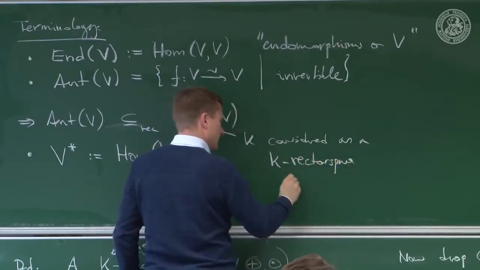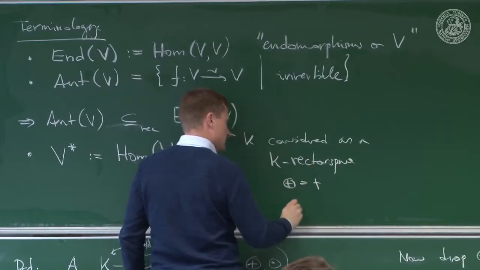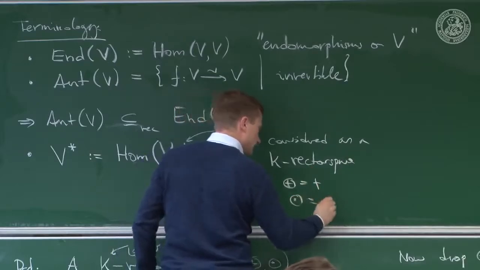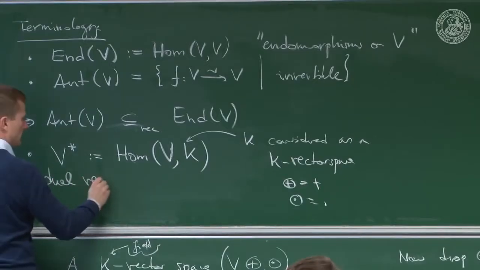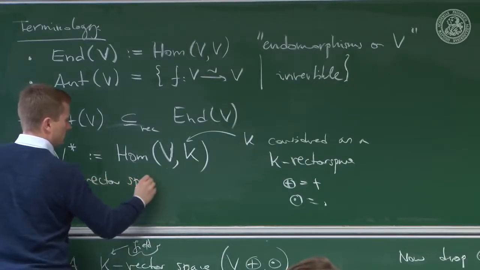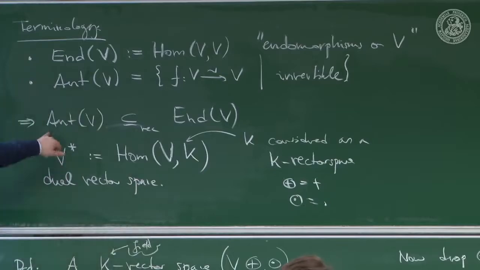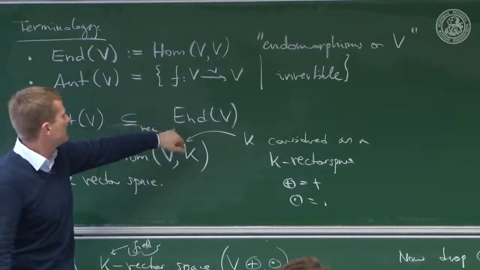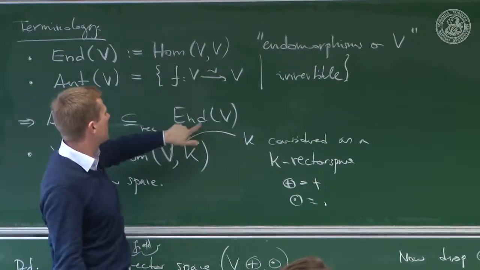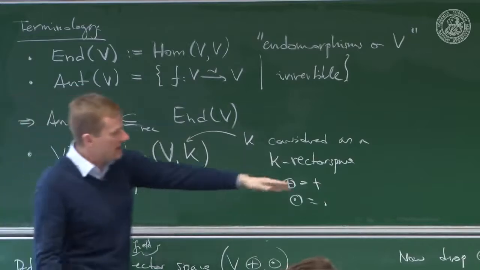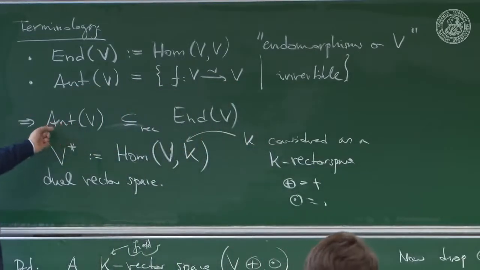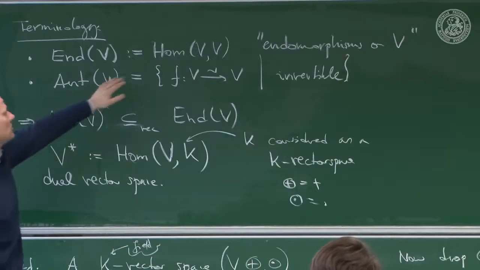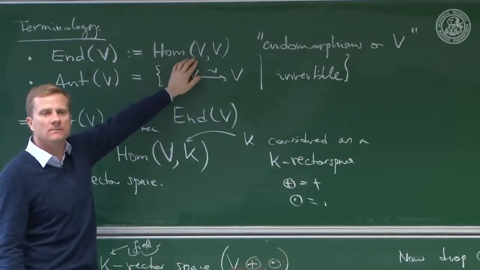And roughly speaking, the addition on the vector space is the addition on K, and the S multiplication on the vector space is the multiplication on K. Okay, and this is called the dual vector space. Again, because Aut lies in End, and End is a special case of Hom, of course this End and this Aut inherit the just constructed diamond addition and diamond S multiplication of Hom(V,V).